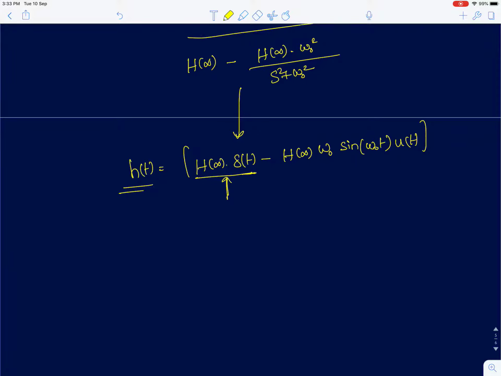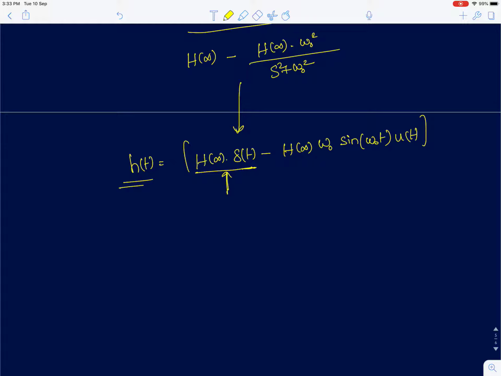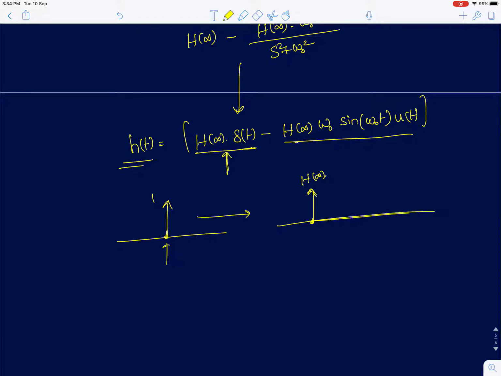That should look intuitive, because the high frequency gain of the system is h infinity, which is constant. So the instant you feed an impulse to the system, you are going to get an impulse at the output instantly at t equal to 0, because it's a high frequency input. If the input amplitude is 1, you get a gain of h infinity, and after that you'll also have a sinusoidal response.